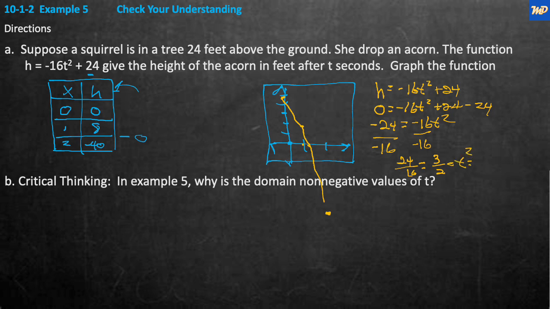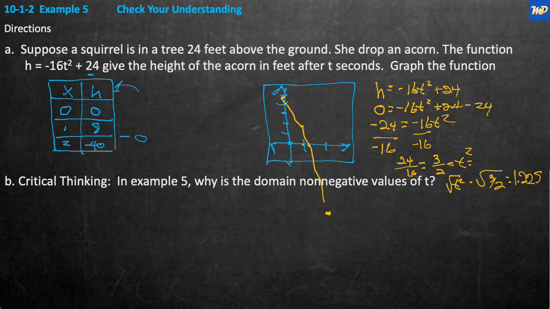And in order to get t squared, then we have to take the square root of both sides. So the square root of t squared is equal to the square root of 3 halves. And that equals about 1.22 seconds. Okay, about 1.25 seconds. After 1.25 seconds, the acorn will hit the ground. It's real fun. I like doing this.